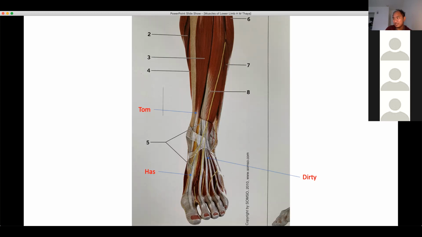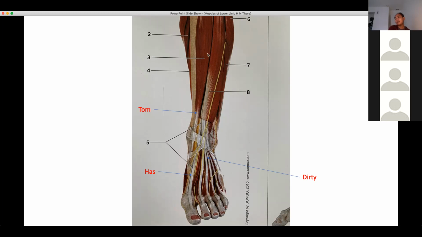Similarly, there are too many anterior muscles to remember, so we are going to remember the tendons which cross in front of the ankle, because these muscles become tendons and cross the ankle from the anterior aspect. So what are the muscles of the anterior compartment of the leg?